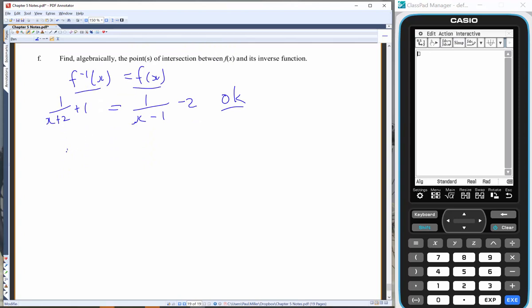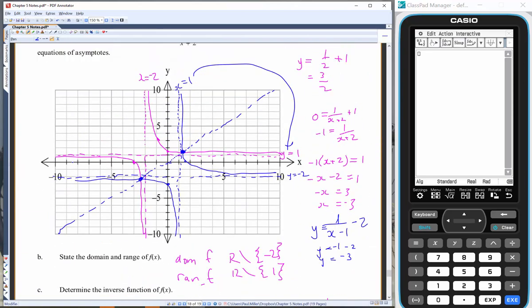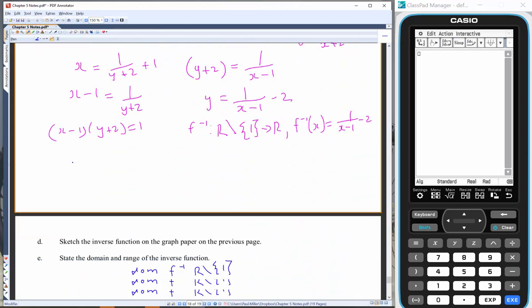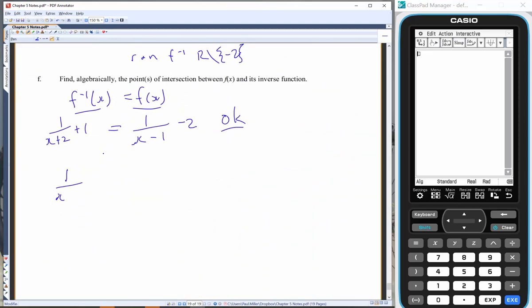I'm going to go with the original, which is 1 over x plus 2 plus 1. And I want to find out when it hits the line y equals x, because if it hits the line y equals x, it'll hit the inverse. All right, let's process this.